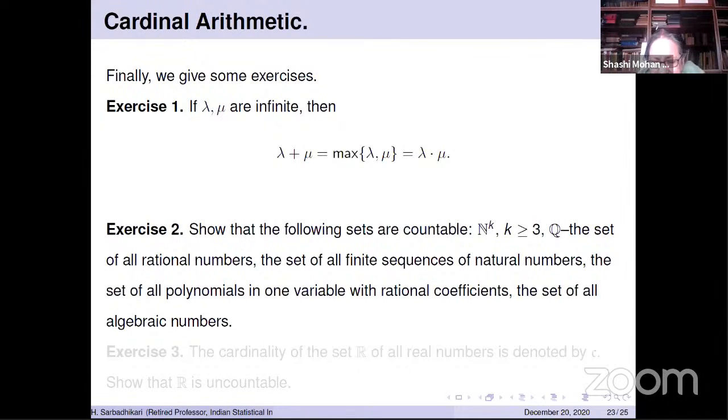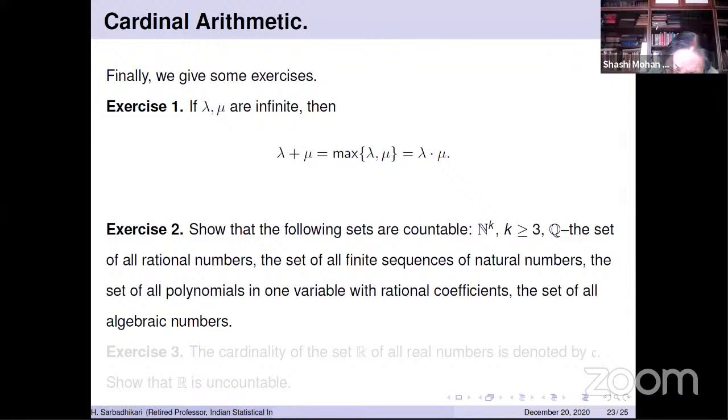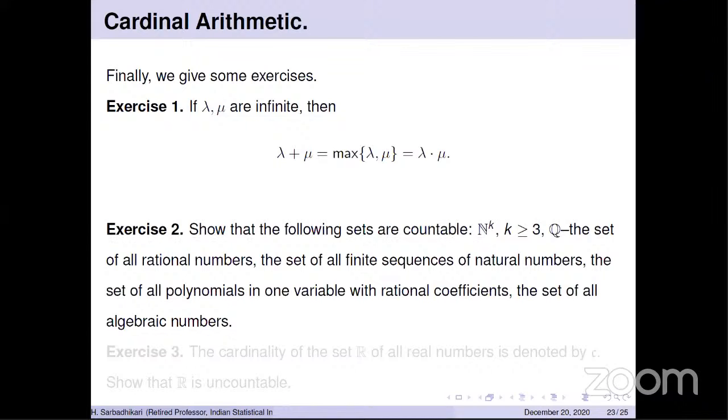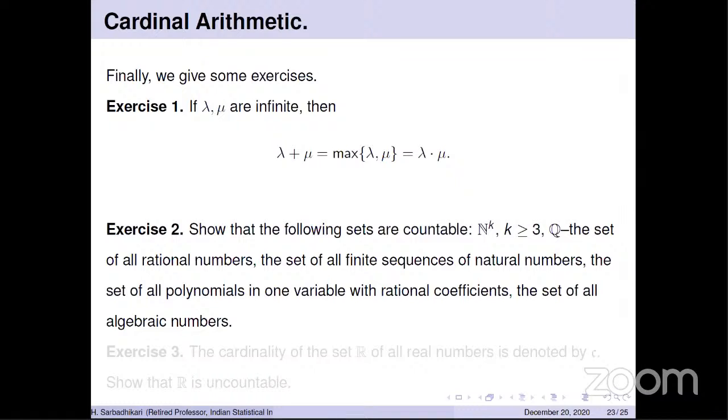I think what he had in mind was the following. Each polynomial is not an infinite thing. But there are polynomials of all degrees, so you are running through all possible natural numbers. So she's basically taking the union.